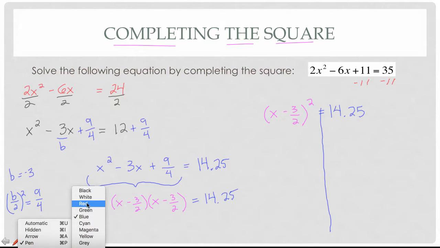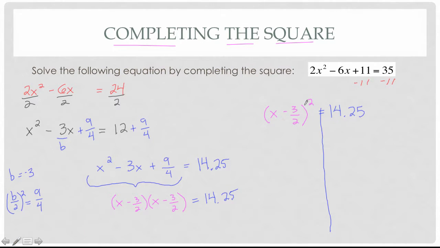All right. So I want to solve this for x. I have everything in parentheses squared, so I'm going to square root both sides. And we see that x minus 3/2 has to equal then plus or minus the square root of 14.25.